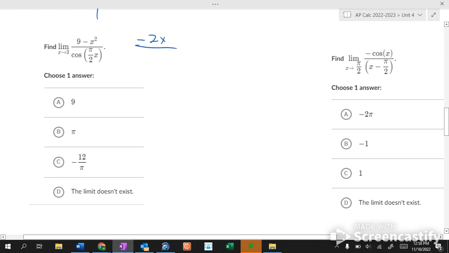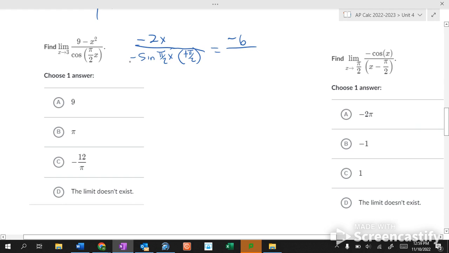What's our denominator, the first derivative? The sine of pi over 2x, chain rule, times, oh, it's negative sine, thank you, times pi over 2, because it's a chain rule. So now if we stick in a 3 to this function, we get -6 over, what's the sine of 3 pi over 2?